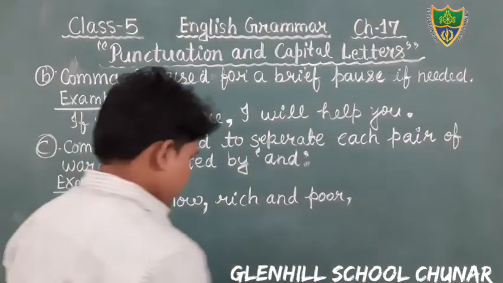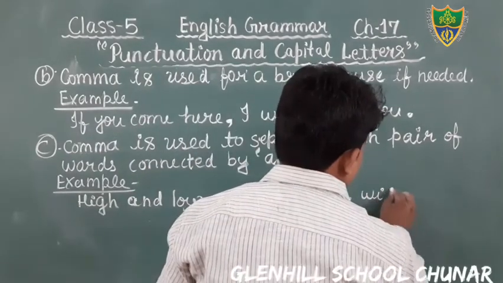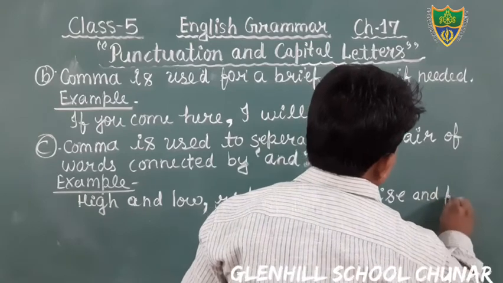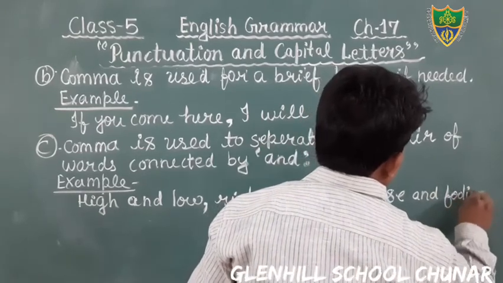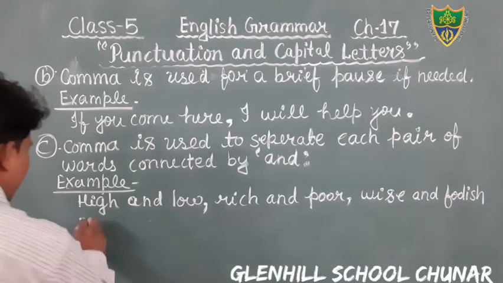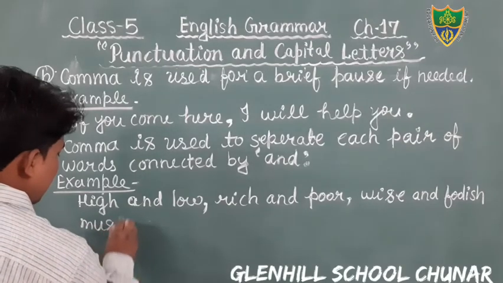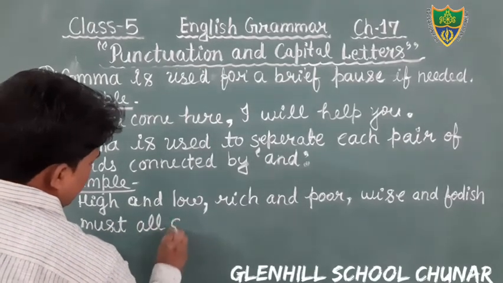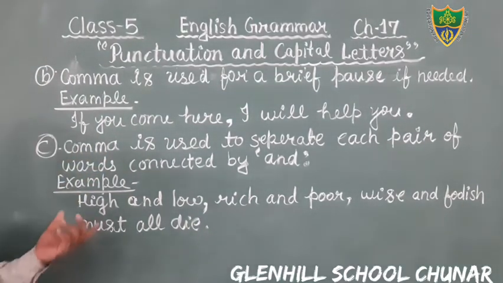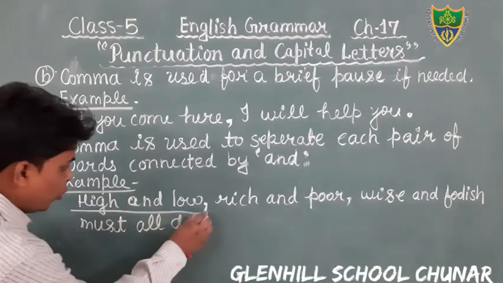Wise and foolish. I think it is visible to you. Yes: high and low, rich and poor, wise and foolish, must all die. This is your sentence. You can see, high and low, that is one pair.